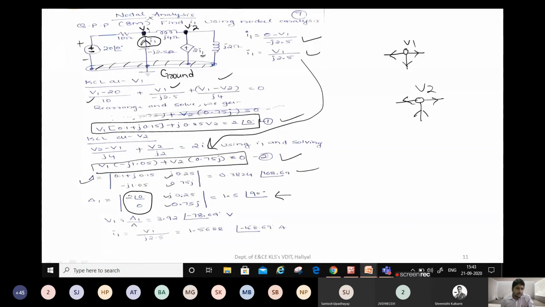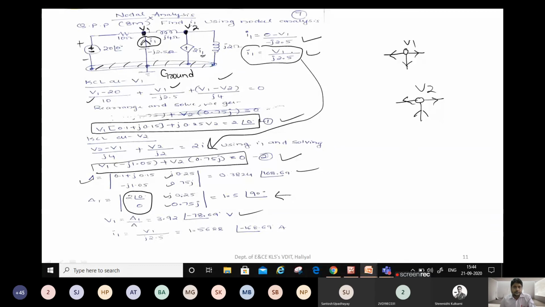And what is V1? V1 will be delta 1 by delta, which equals 3.92. So this value you will get. And what is I1? I1 is this equation, V1 divided by this, so to find I1 you need to find V1 also.